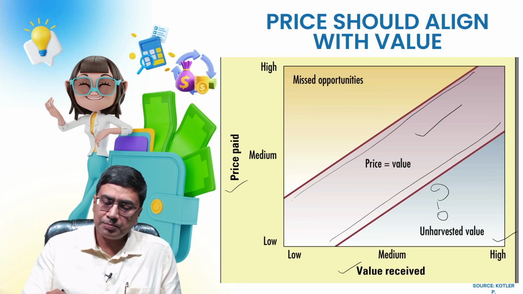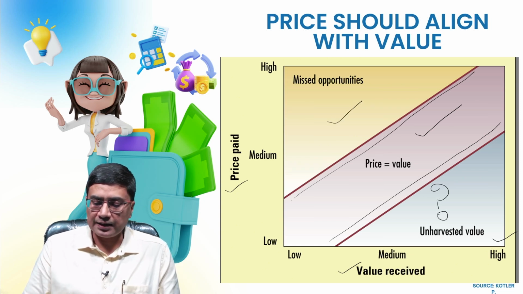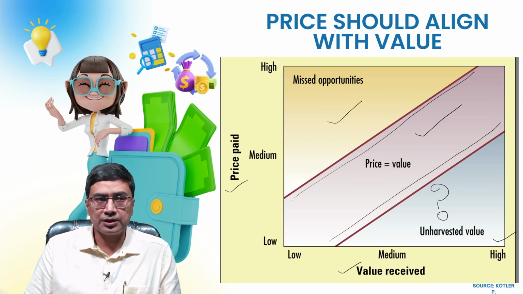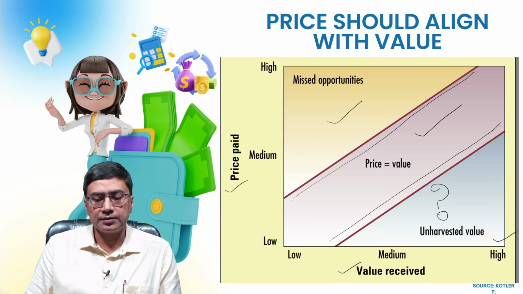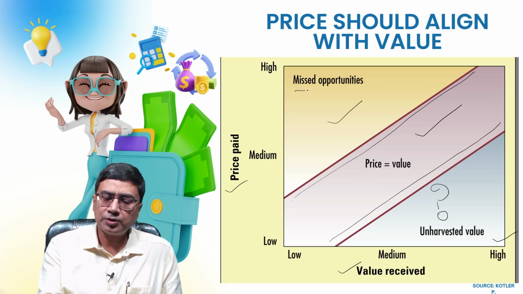Now, see another portion, just see this portion. The price is high, but value perception is somehow low. It means the marketer's perception of the value is not matching the value perception of the customer. That is why it is a missed opportunity.